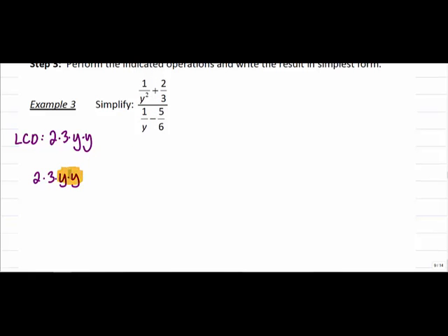I've got my y squared, and I've got my 6. So all the numbers I have are there that I need. So what I am actually multiplying by here is 6y squared. So I'm going to take 1 over y squared and multiply it by 6y squared.